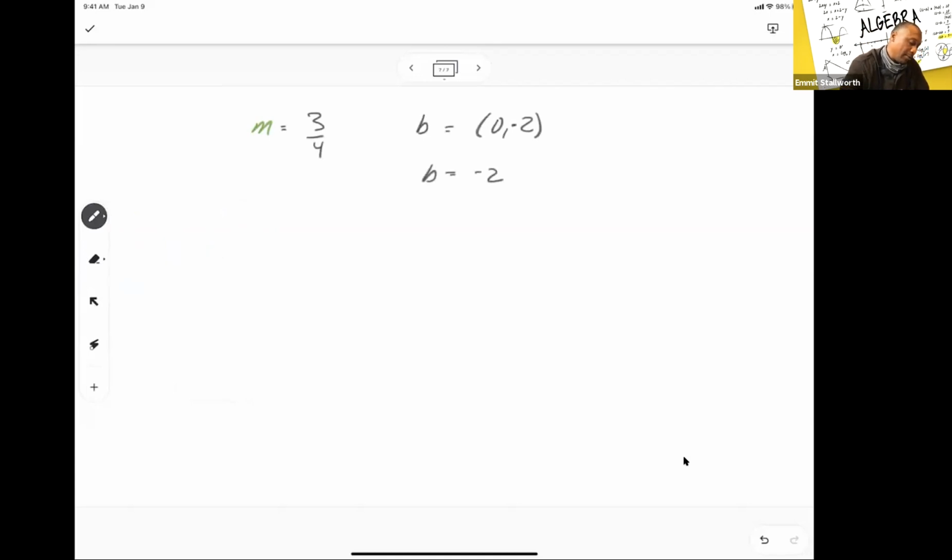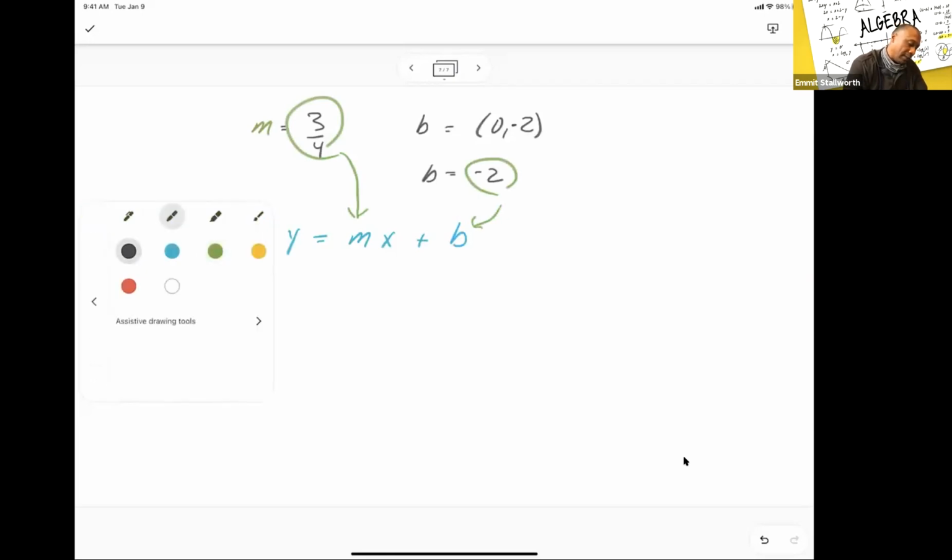All right. So now here's my formula, guys. My formula is y is equal to mx plus b, right? So what we're going to do is take these values and substitute them in. We substitute this one in for m, and then we substitute that one in for b.